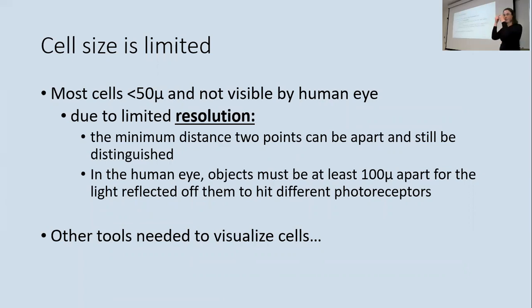If the light hits the same photoreceptor, your brain just thinks that's one thing. Things have to be at least 100 micrometers apart for the light to hit two different photoreceptors. Anything smaller than that, your brain can't see as two things. So we use other tools.